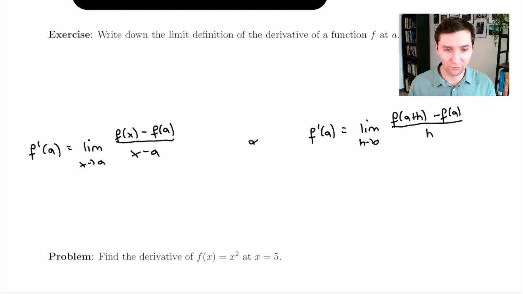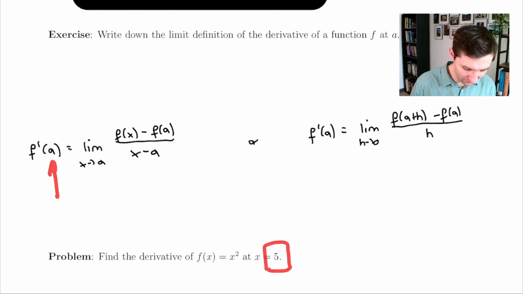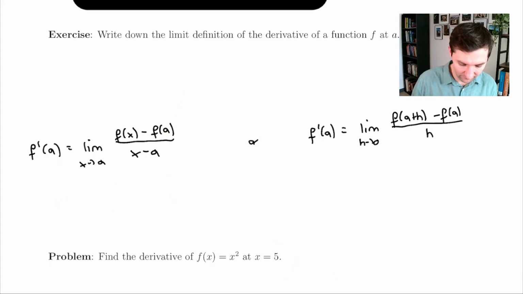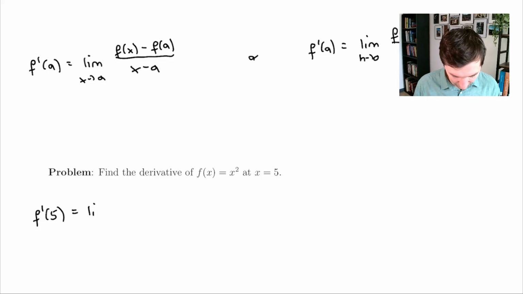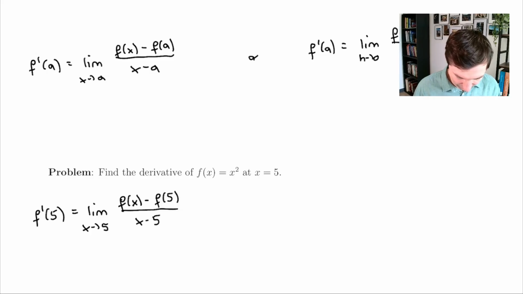Because I must find the derivative at 5, I will replace a with 5 in my definition, and I will get f prime of 5 equals the limit as x goes to 5 of f of x minus f of 5 divided by x minus 5.